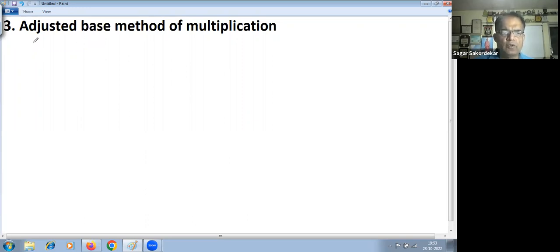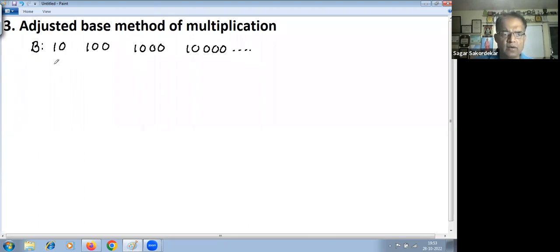So actually, you know that the base can be 10, 100, 1000, 10,000, and so on. What we have already done in the base method is when a number is near to one of these. Now we'll consider that the number is near to a multiple of this base.